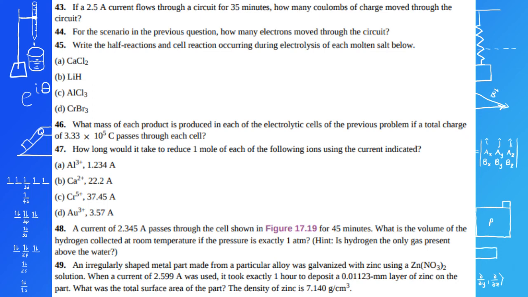Basically, if you want to cover something in a layer of metal, then a nice way to do it smoothly is to dip the material that you want to cover in a solution containing ions of that metal and connect it to a battery and effectively turn it into one of the electrodes of an electrolytic cell.